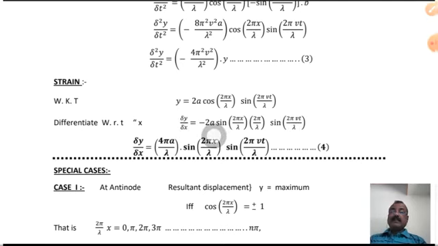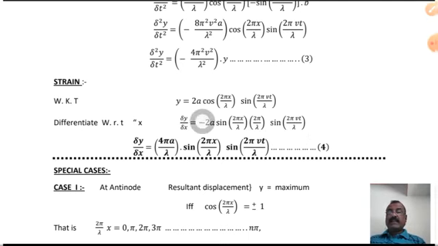That is 2a, differentiation of cos theta is minus sin theta, hence minus 2a sin 2 pi x by lambda into the coefficient of x, which is 2 pi by lambda, sin 2 pi Vt by lambda.